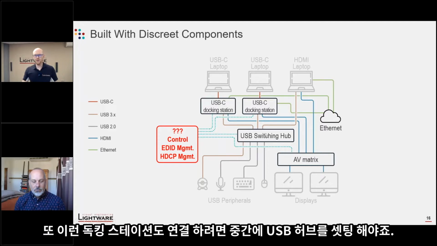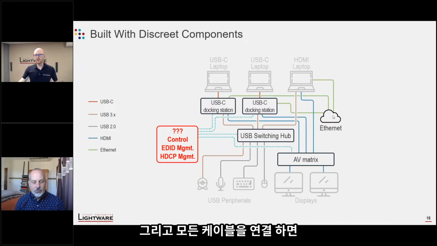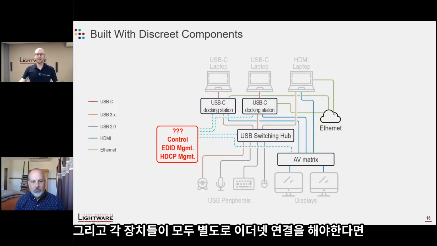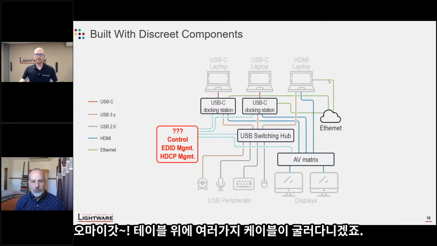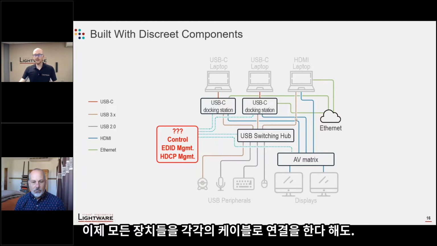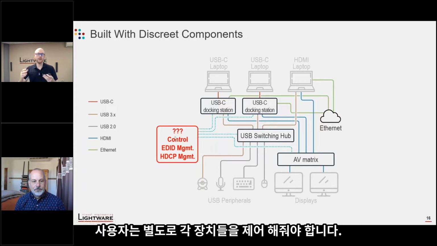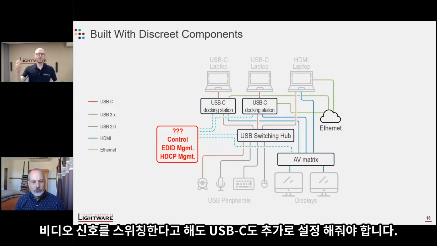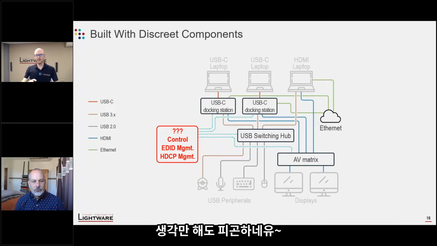You need to have a USB hub and a USB hold switch. You need to wire up everything. All devices need to have access to the Ethernet, so you have a bunch of Ethernet cables as well. So you have all these different devices connected, but you still need to manage control. If you switch the video signals, you still need to switch the USB signals, so it's a mess.